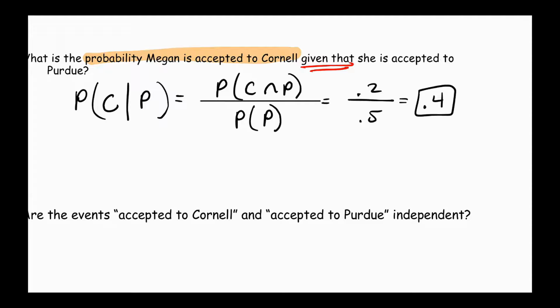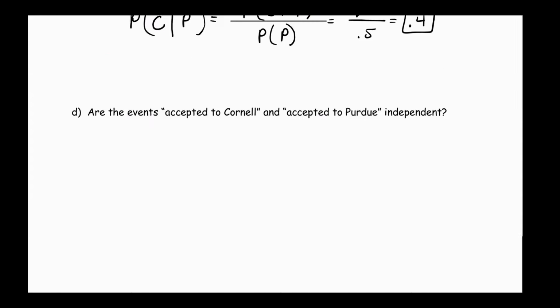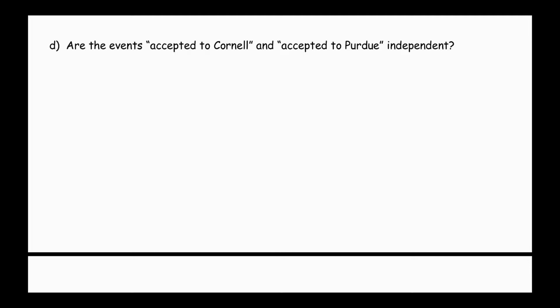All right, okay, so let's do the next one. So here we go, we have an independence problem. They want to know, are accepted to Cornell and accepted to Purdue independent of each other? So knowing that she got into Cornell, is that going to change the probability that she gets into Purdue?